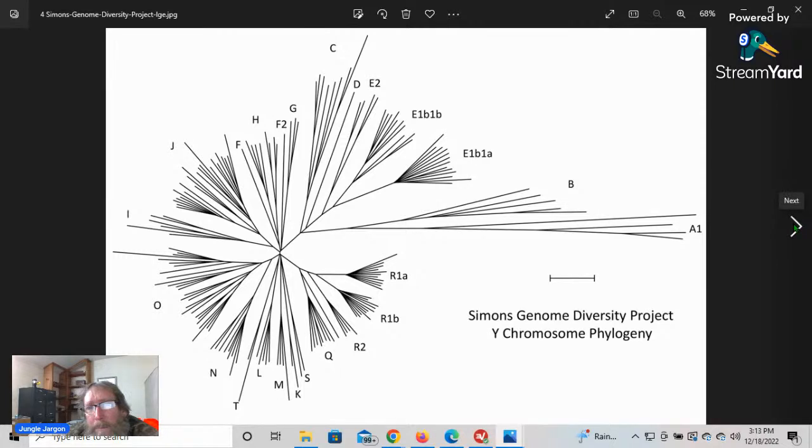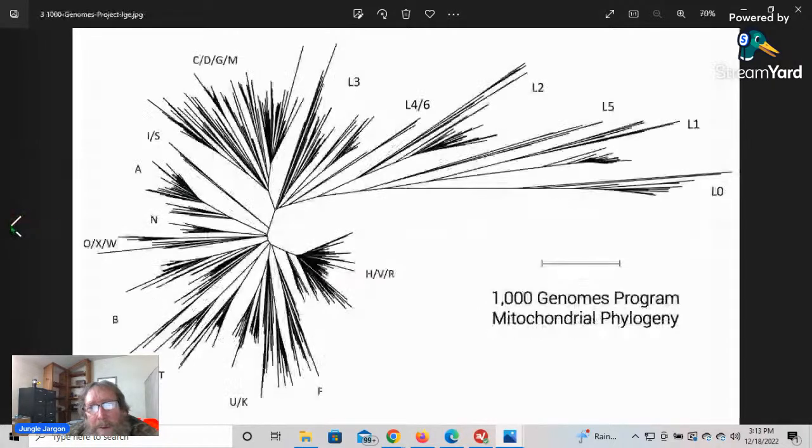And with the mitochondrial DNA, it'd be the L1, 2, 3, 4, 5, 6, and then there's the C, D, G, M, which would be the descendants of the wife of Japheth, or the mitochondrial maternal line of Japheth's daughters, and these would be the mitochondrial descendants of the daughters of Shem, Semitic.